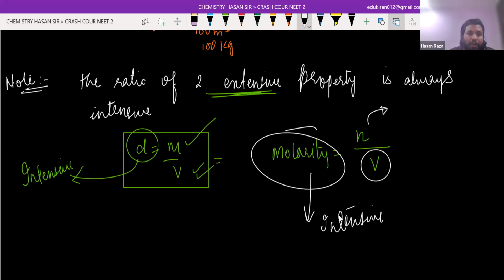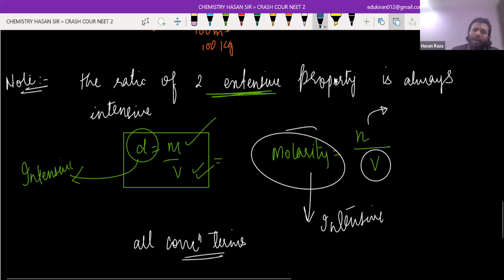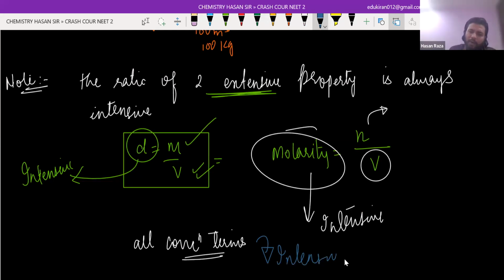So basically all concentration terms that you have studied in solution, as well as mole concept, that is molarity, weight by weight percent, volume by volume percent, mole fraction, normality, ppm, are all intensive properties. Because if you write the formula, you will see numerator and denominator are both extensive, and the ratio of two extensive properties is always intensive. Is that clear?